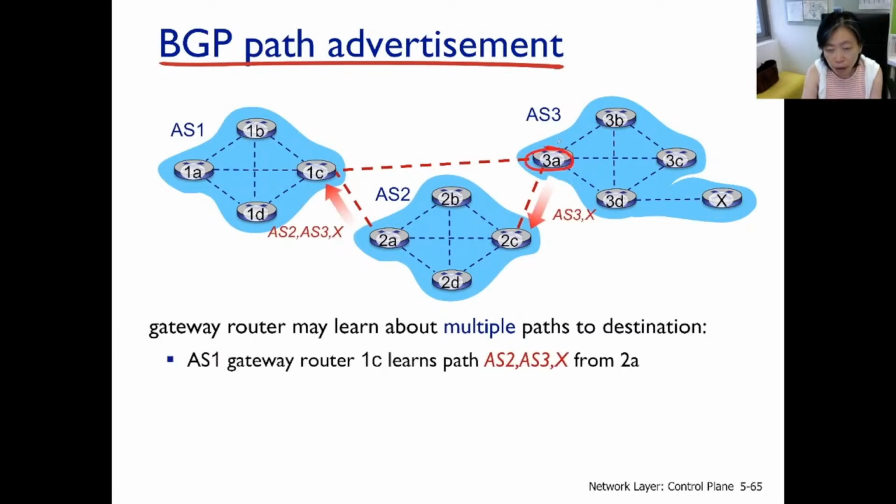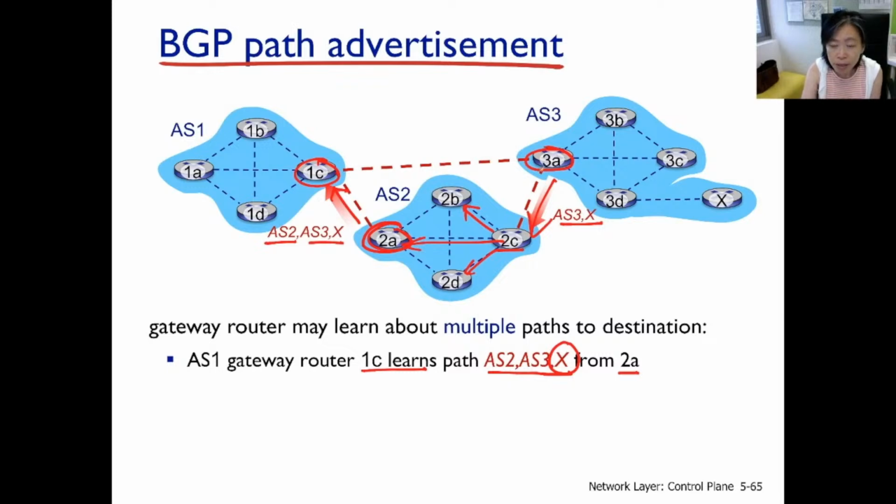AS3's 3A sends AS3 X as an advertisement to 2C. 2C checks the import policy and therefore passes it on to all the routers internally. 2A picks it up, checks the export policy, and let's say that it's just allowing advertisements of the path further. So prepend AS2 to the path and then send it further. At this point, 1C learns the path AS2, AS3 to destination X. And the way to go is for 1C to send to 2A.